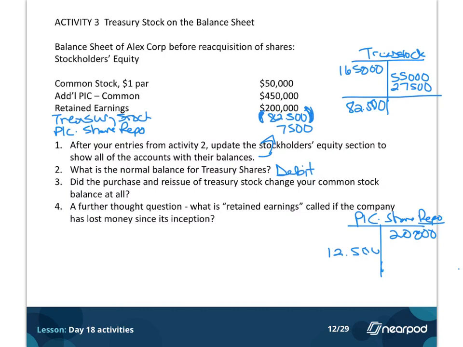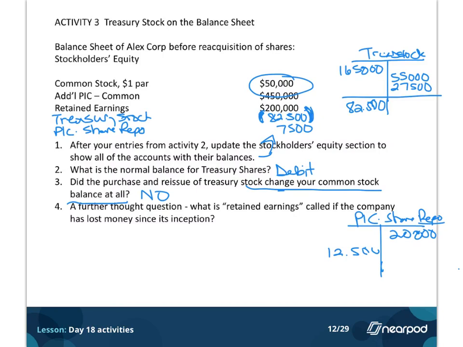Did the purchase and reissue of common stock change our common stock balance at all? This is an important thing to make sure you are aware of. The answer is no. We didn't do any journal entries that impacted common stock after we issued it. And then the last question is just this idea.